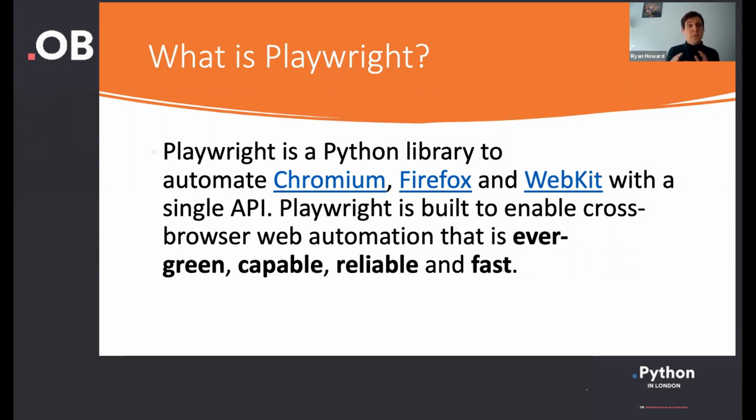So ultimately, Playwright is a Python package. You can pip install it. And what it does is it gives you a toolkit of functionality that you can then use to automate your web browsers.